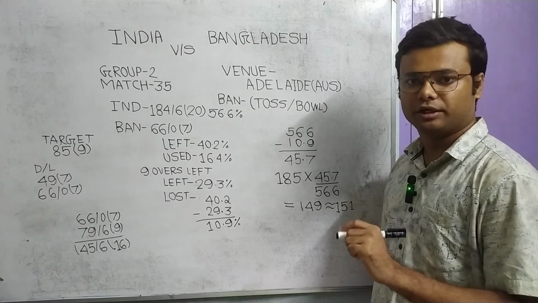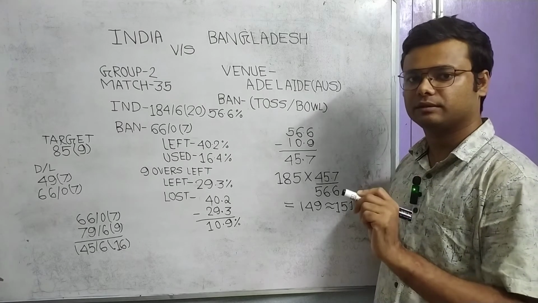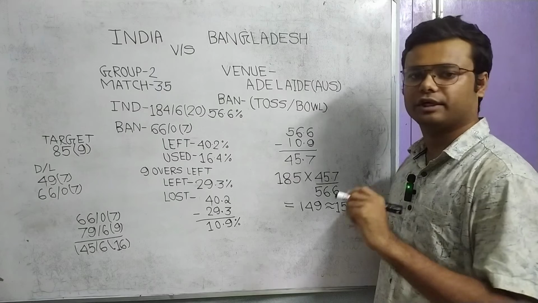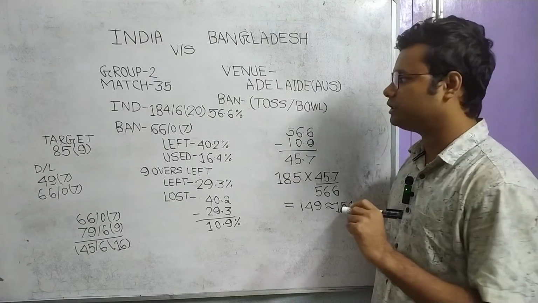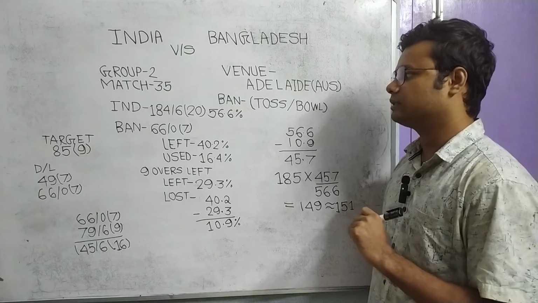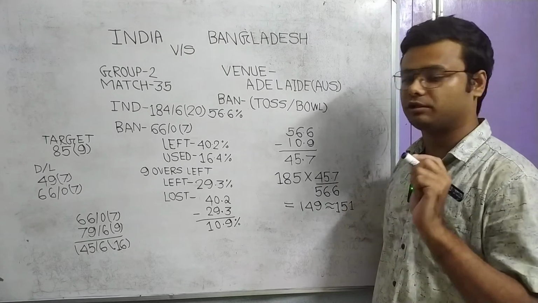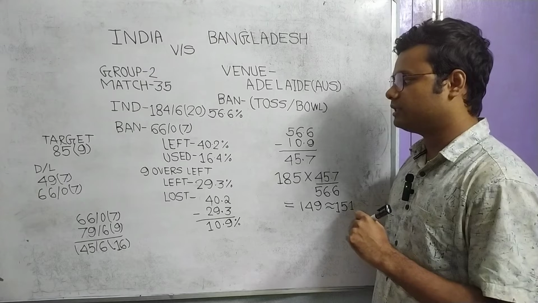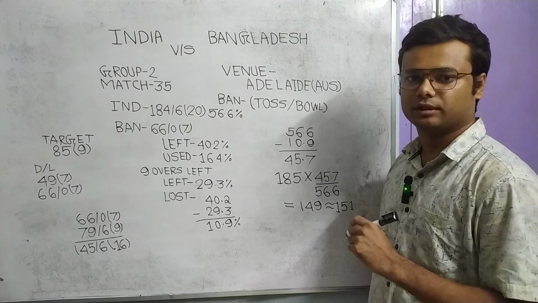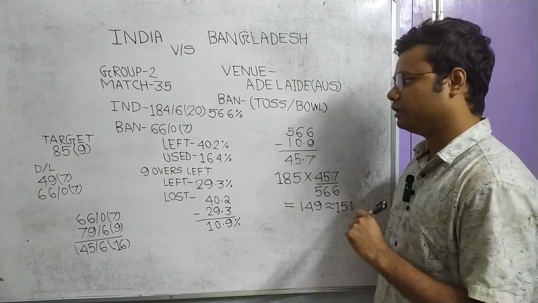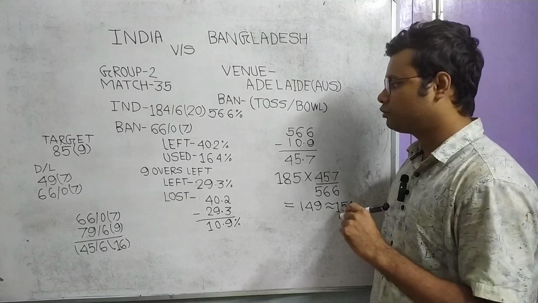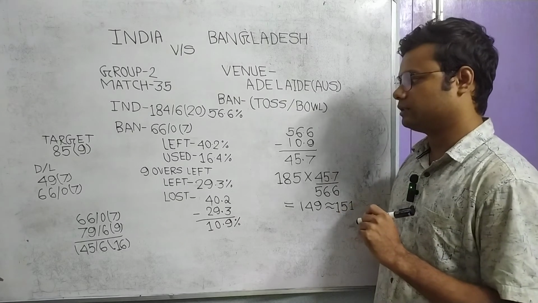It is not 100; in a 50-over game, it is 100. India had utilized all of their resources, but Bangladesh did not. They used only 16.4% of resources when the rain arrived, and they had 40.2% of resources left.